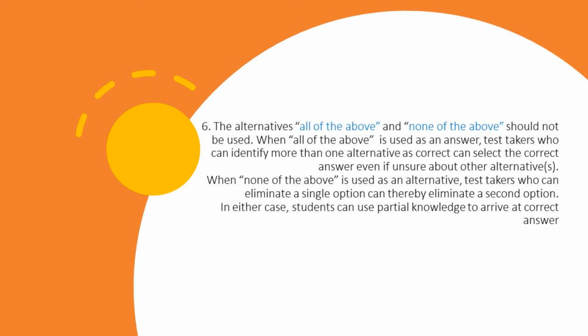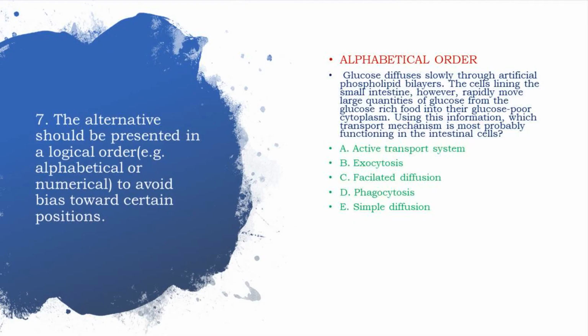When it is used as an alternative, test takers who can eliminate a single option can thereby eliminate a second option. In either case, students can use partial knowledge to arrive at the correct answer. The alternatives should be presented in a logical order to avoid bias towards certain positions.